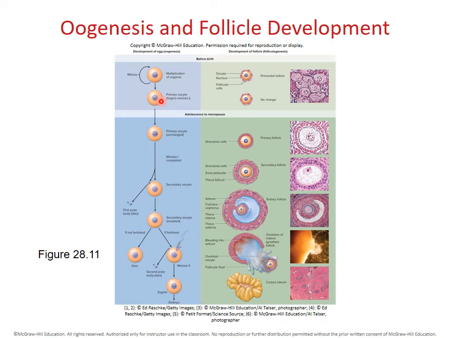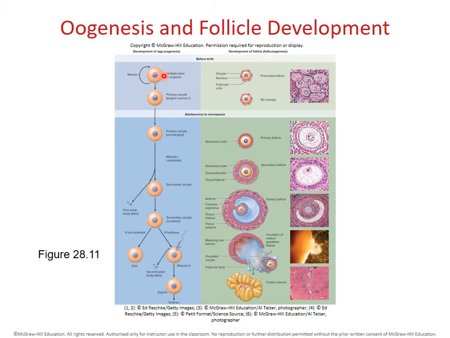By the time you reach adolescence, remember, the vast majority of these primary oocytes have died off. And so instead of having millions, by the time you hit puberty, you have about 200,000 or so, which again is plenty for the female's lifetime supply. Where is this happening structurally in the ovary?